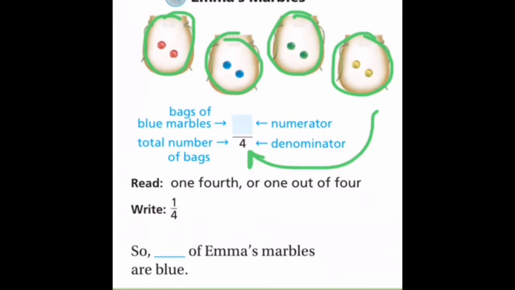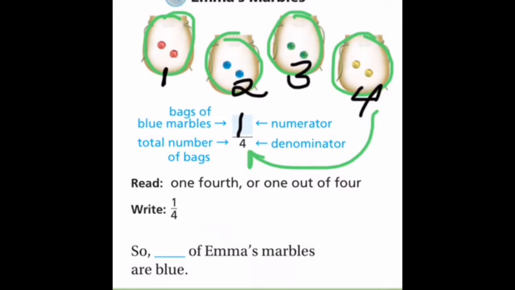In this case, since we're counting bags of marbles, 1 bag, 2 bags, 3 bags, 4 bags, how many of those are blue? We have 1 bag of blue marbles. So 1/4 of them are blue. Okay, still 8 marbles, but we're counting the bags here.